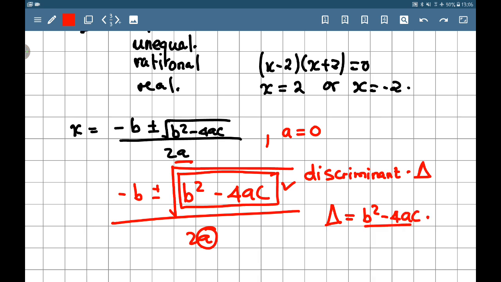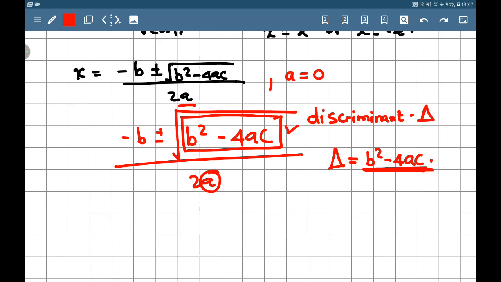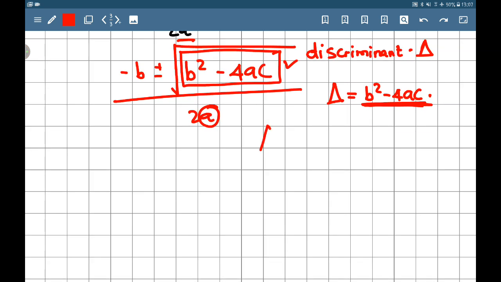If this is less than 0, it means if you put anything underneath the square root which is negative, -1, -4, you are going to get an error, right? Yes. So in other words, for non-real roots, if the discriminant is less than 0, you are going to get non-real roots.